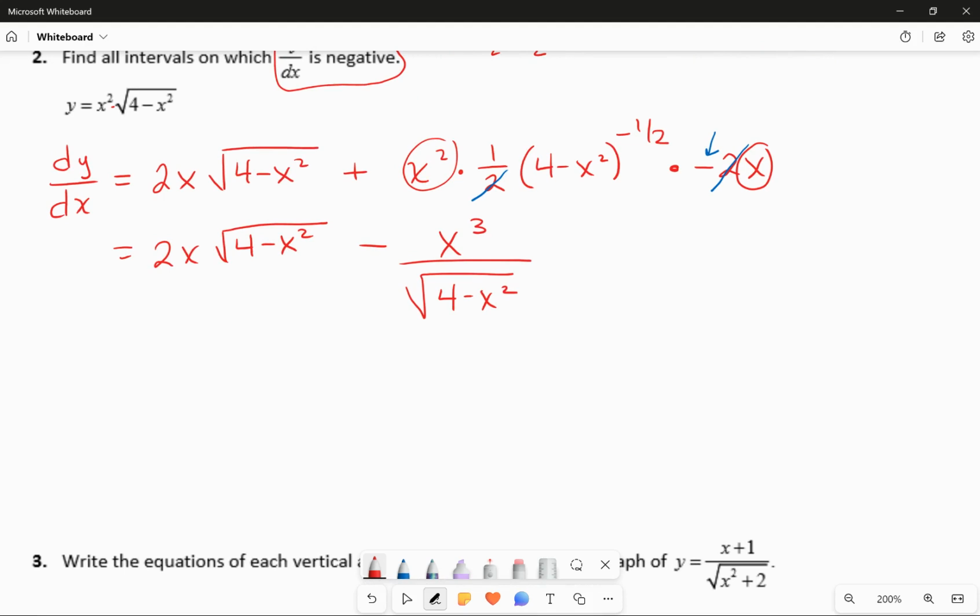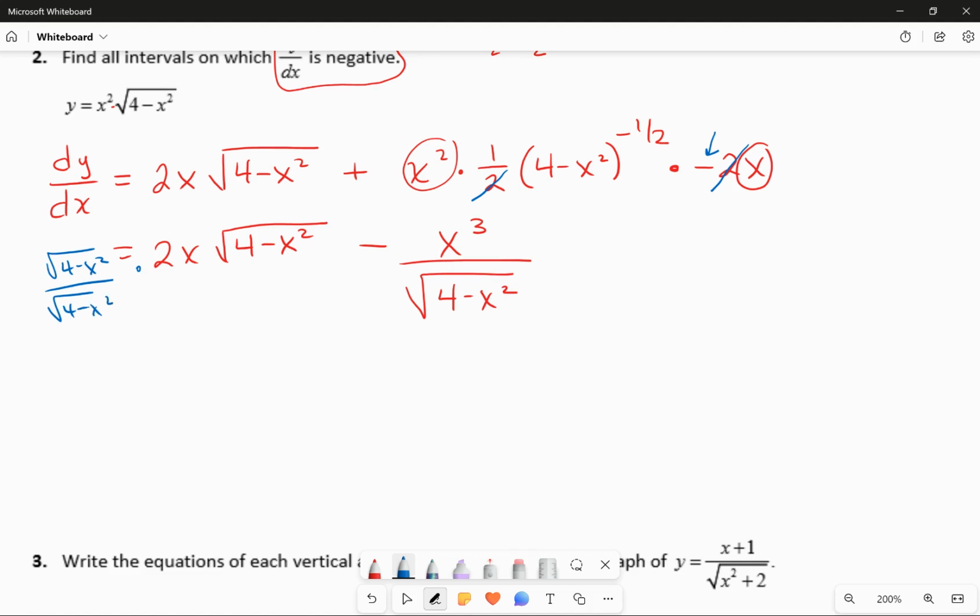I'm going to do one more step in order to get this into a format that's easy to manipulate, and that is, I'm going to combine these two fractions into one by finding a common denominator. To get a common denominator, we're going to multiply that first expression by the square root of 4 minus x squared over the square root of 4 minus x squared.